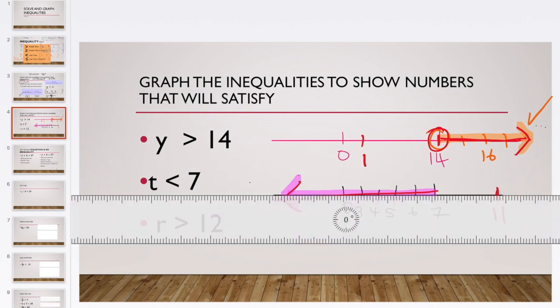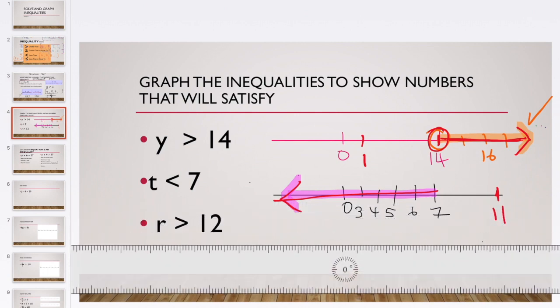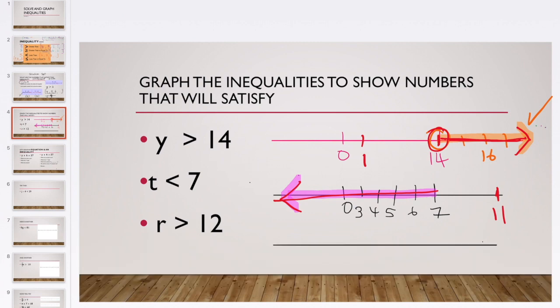Let's do another, and this should be easy for you now. I have r is greater than 12. So take a moment, pause the video, sketch this in your notebook. I know you have a notebook with you when you're doing math videos. See if your answer matches mine.